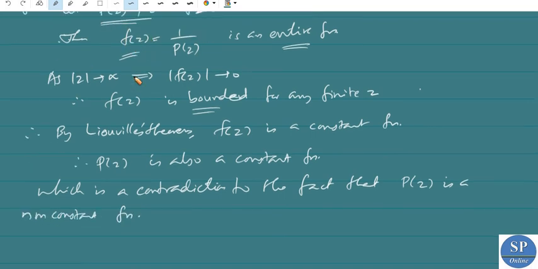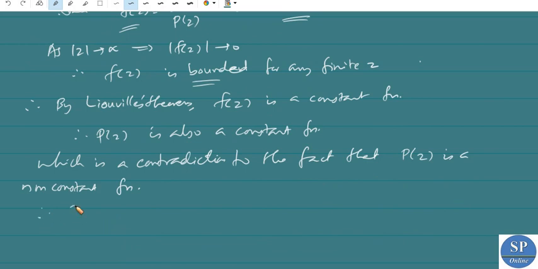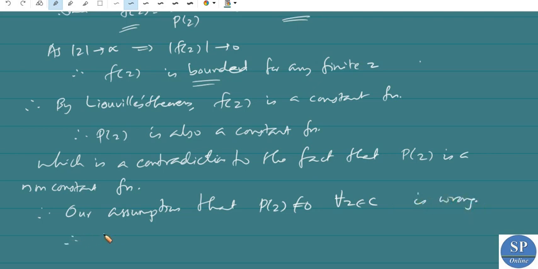Therefore, our assumption that p of z is not equal to 0 for any z belonging to C is wrong. Therefore there exists some z belonging to C such that p of z is equal to 0.